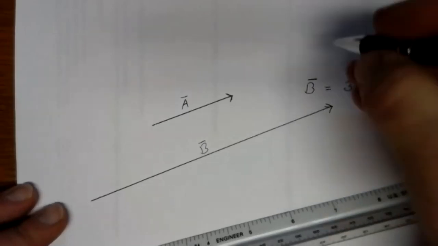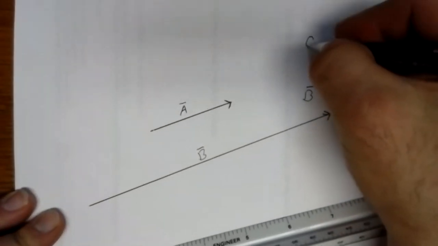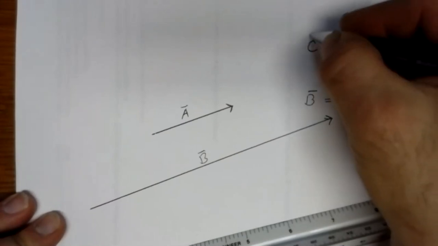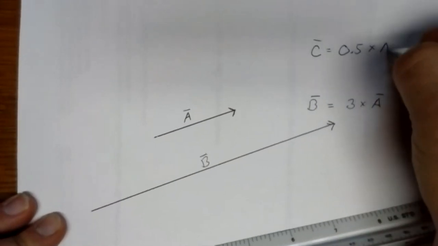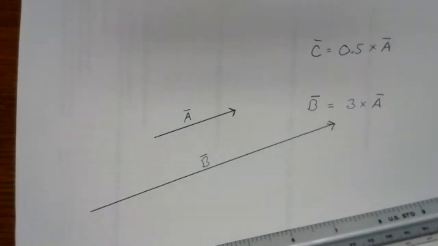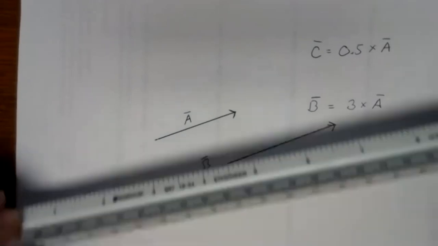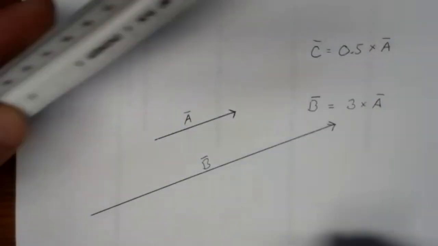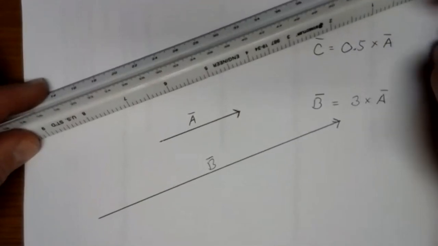Let's try vector C. And we'll make vector C 0.5 times vector A. So we'll multiply vector A by 1/2. That's going to keep the same direction, but it's going to reduce the size of vector A. So I'm going to end up with a vector in the same direction.